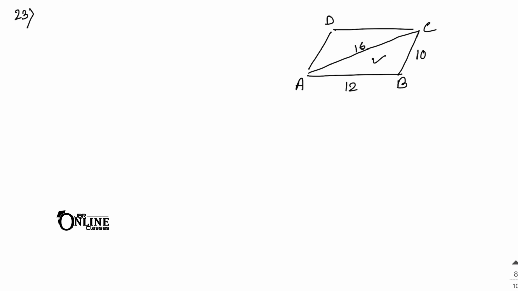So whenever you want to find out the area of the parallelogram, you have to find out the area of ABC and also the area of ADC. Here area of ABC definitely equal to the area of ADC. That means the area of the parallelogram will be 2 into area of triangle ABC.